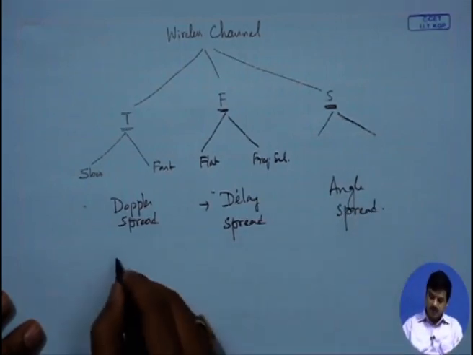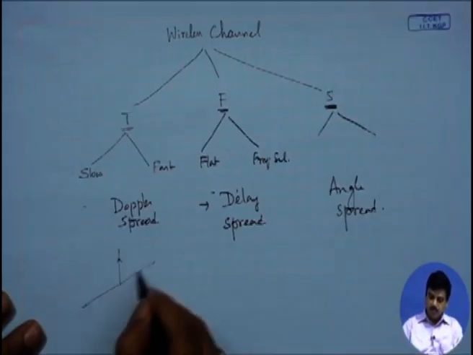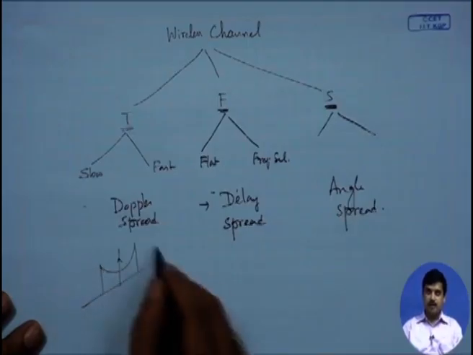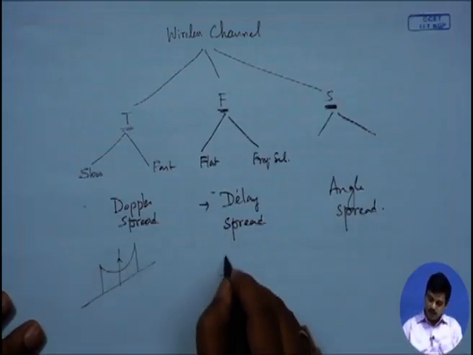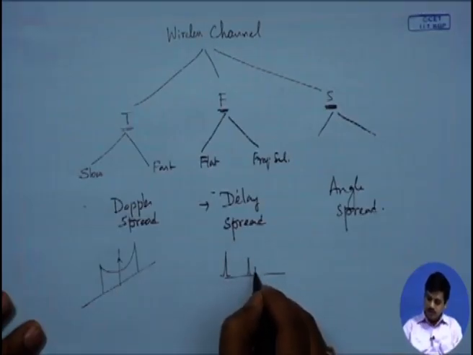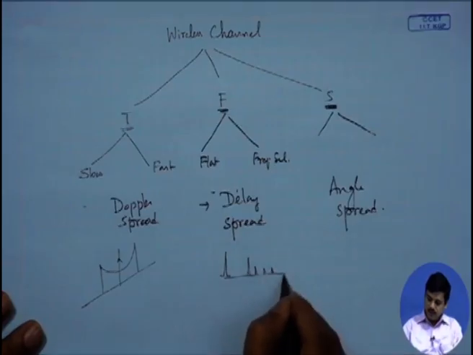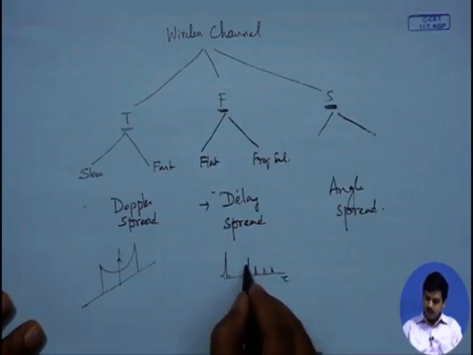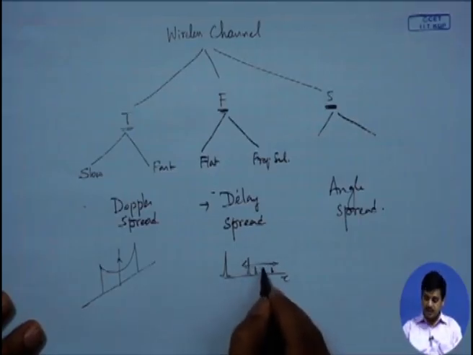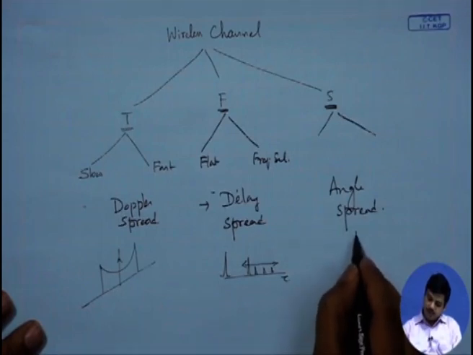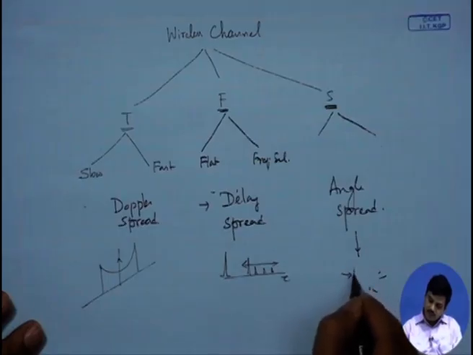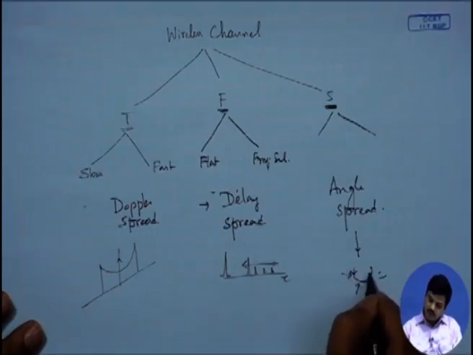In this case we had transmitted a single tone, but that was received as a Jake spectrum when there was 2D isotropic scattering or some other ways. Here when a delta function was transmitted, what was received was echoes of the delta function in the delay axis. So a delta function was spread in time, and in the delay axis we had the delay spread, the excess delay. And here even though there is transmission from one direction, because of scattering from multiple directions, you get an angular spread of the received signal.